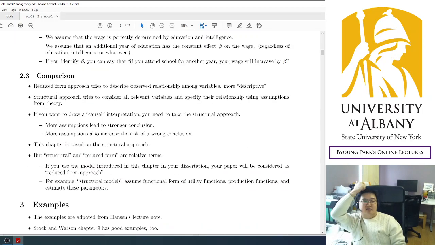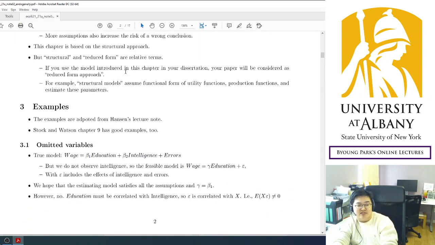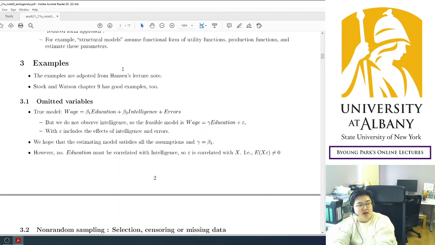As I said, what we do takes this approach. We are putting meanings on each variable, so I'm going to call this structural, but it's not that structural relative to the real structural models. That distinction is important, but does not matter actually for a while.